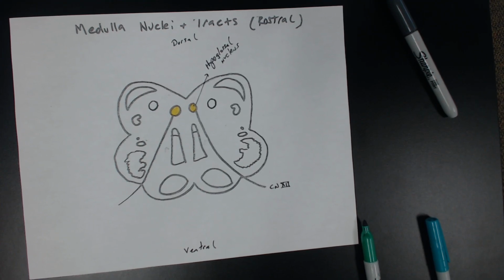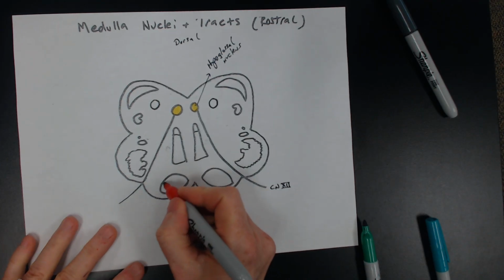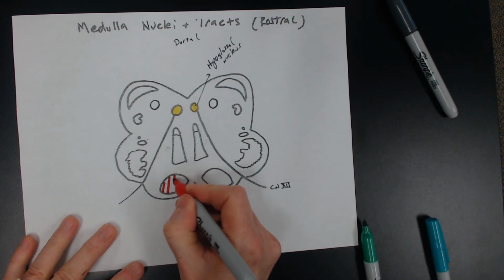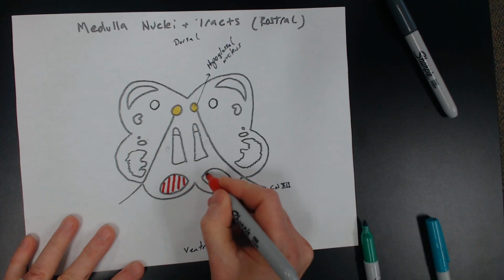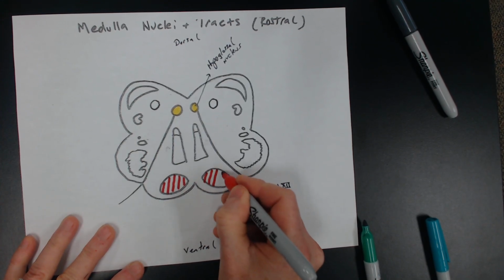Everybody see where we are? All I did is take a cross section through the medulla. You just told me everything's going to be in there, so now we're just looking for it. Got it? Okay, so the big one, most ventrally here, I'll make it in red. This is going to be that main efferent tract present bilaterally.